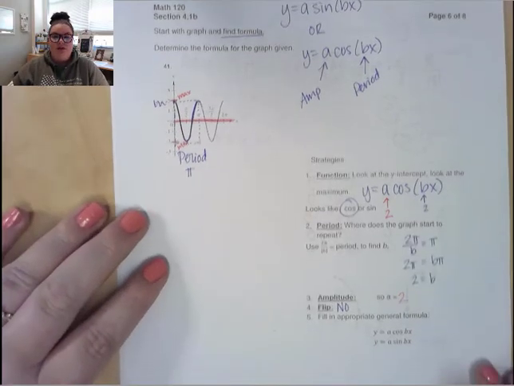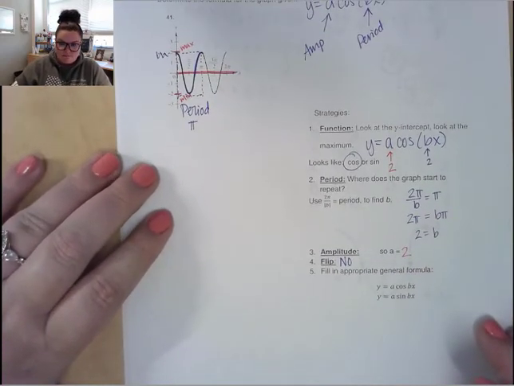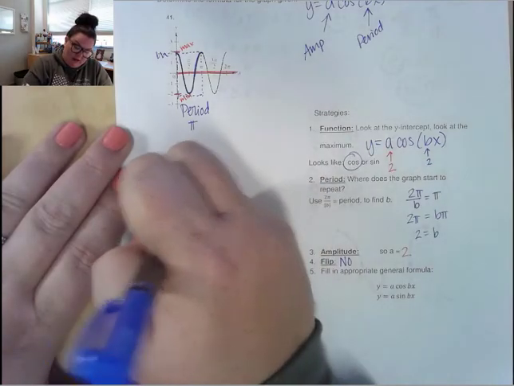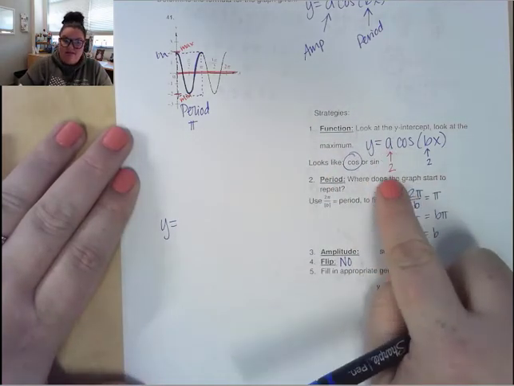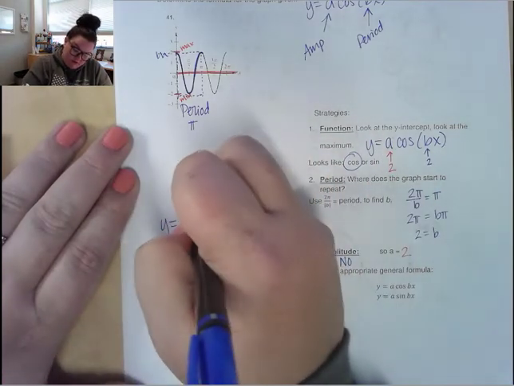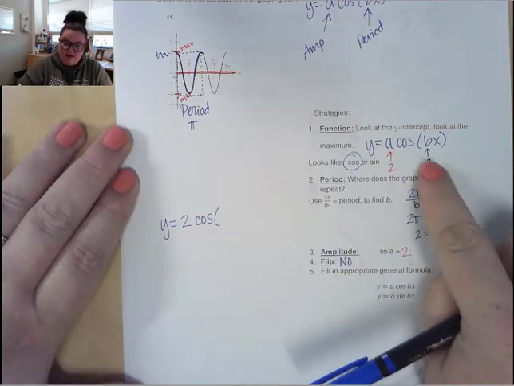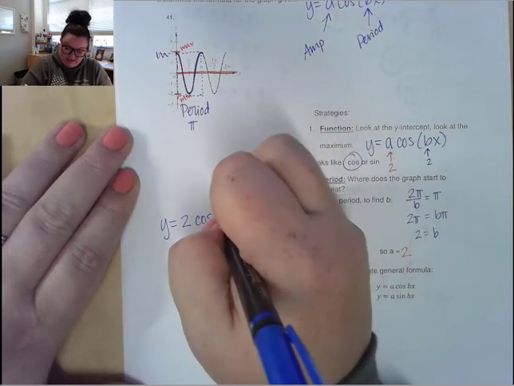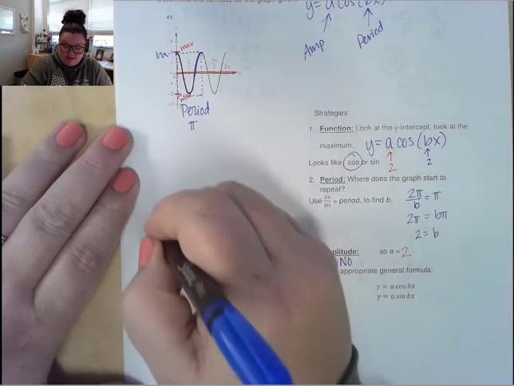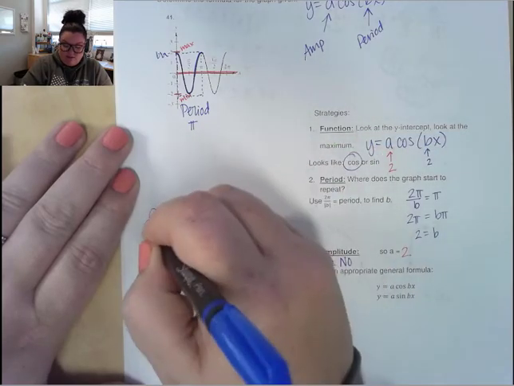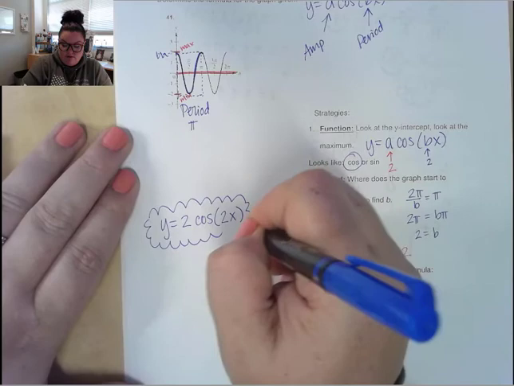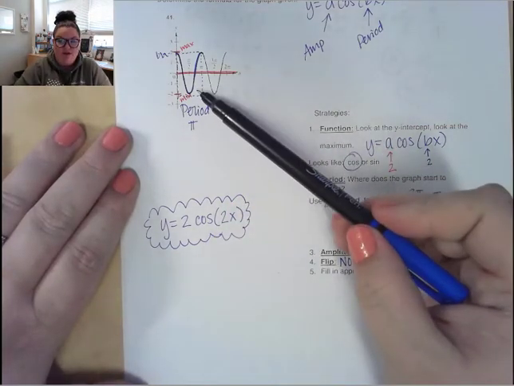So now we can just put in everything that we have found. So we know that y is equal to our a value, which we know is 2, times the cosine of our b value, which again is 2, times x. So this is the equation that represents this picture, okay?